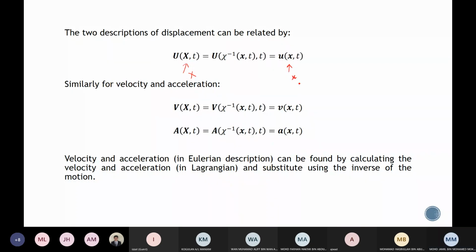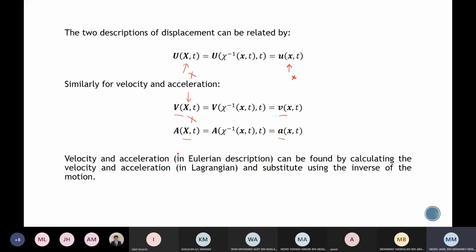And then to get the velocity, this is the velocity in Lagrangian, which is in terms of big X. To get it in terms of small x, you just substitute big X to get small x. Later we will see an example.